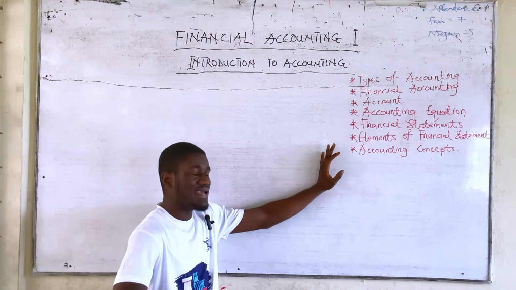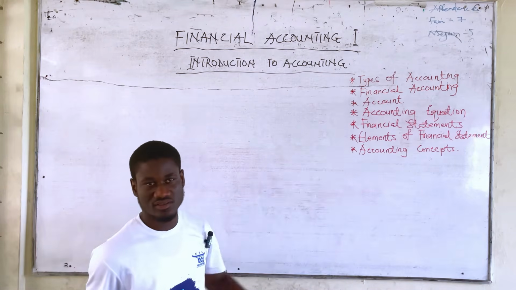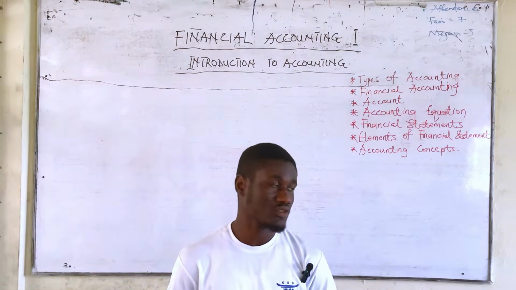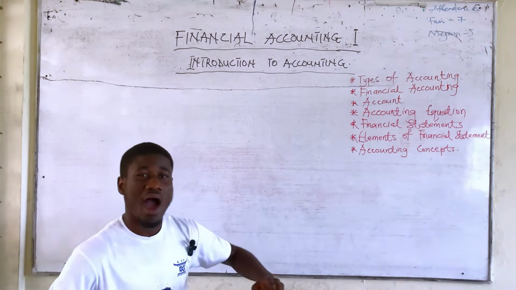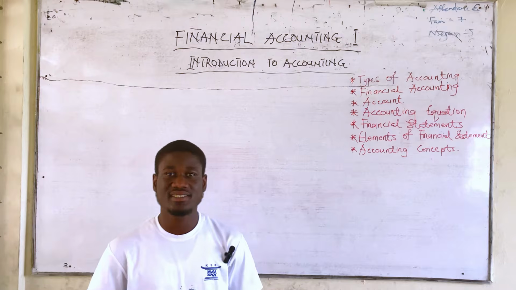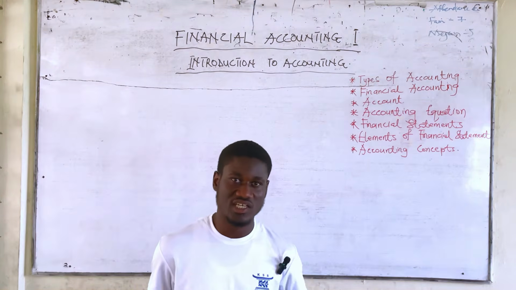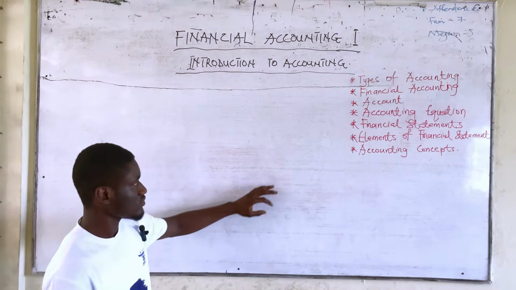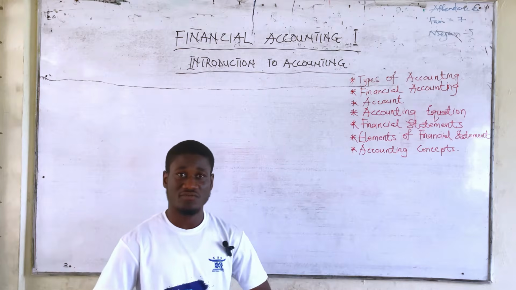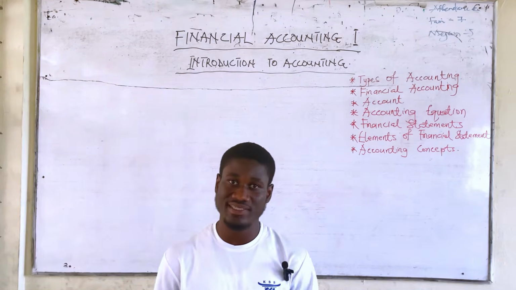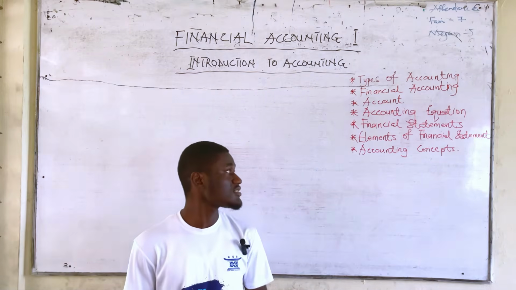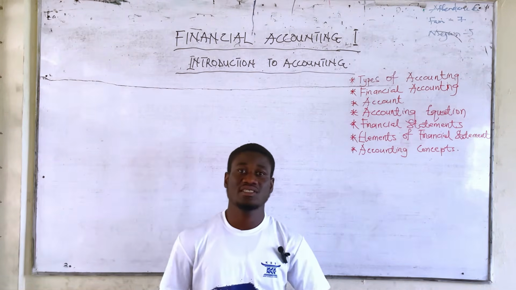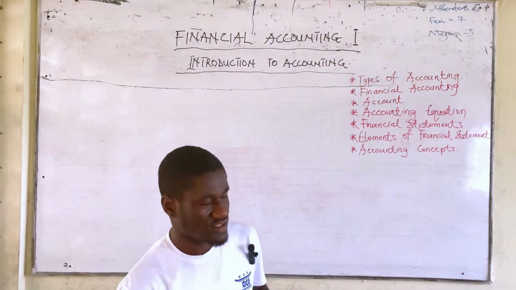So we prepare the statement of profit or loss, which is also known as the income statement, to know how well the entity is performing financially. Good. Then we have the statement of financial position, which is also known as the balance sheet. Good. So this statement is used to determine the position of the business.